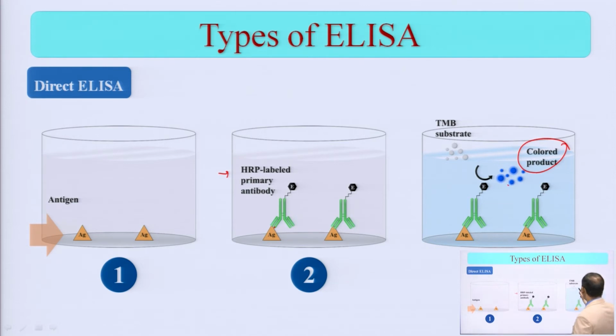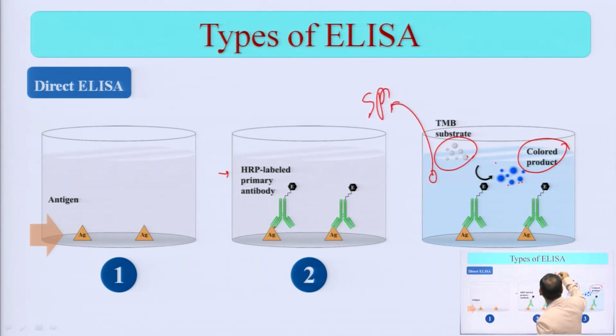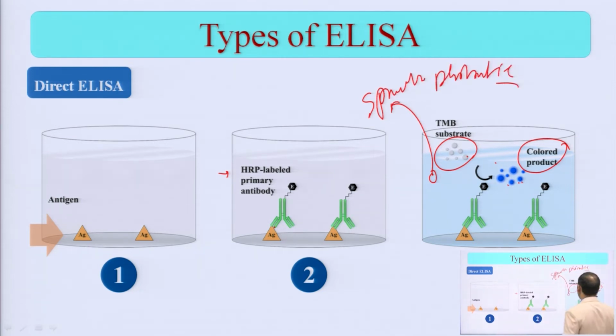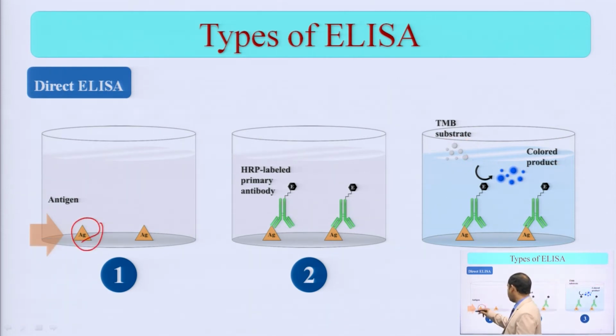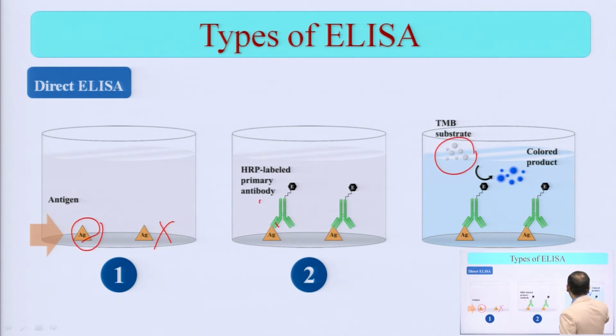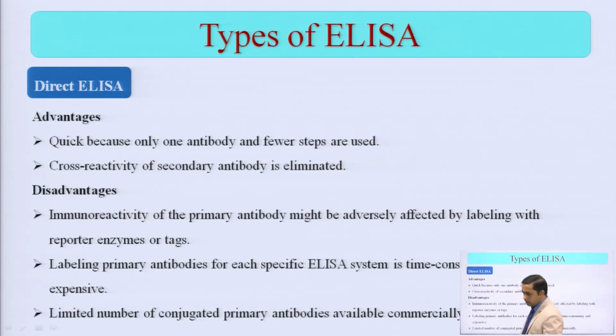For example, TMB substrate is given to see the color. You can see from this that it has given this color, or you can take some sample and analyze it by spectrophotometric methods, and through that you can confirm that yes, this antigen is present. If the antigen is not present, there is no reaction, nothing happens, and the same color remains. This is called direct ELISA.